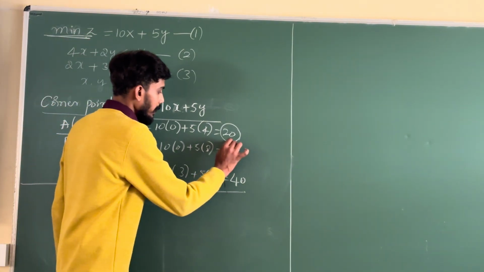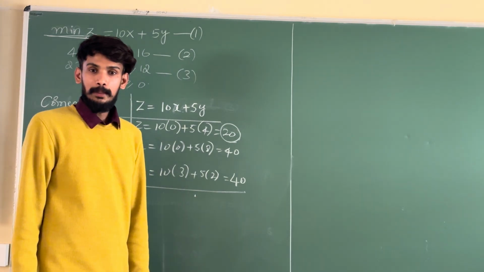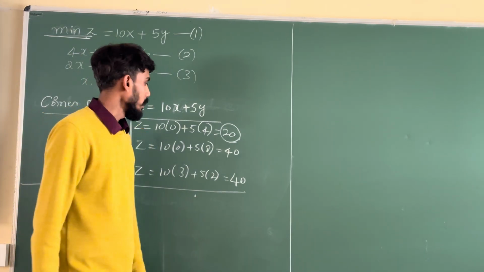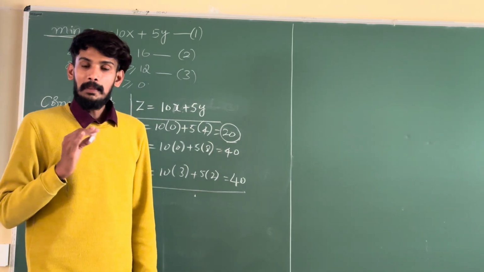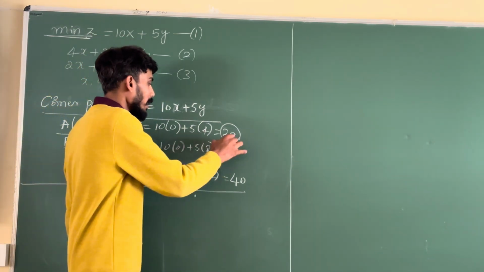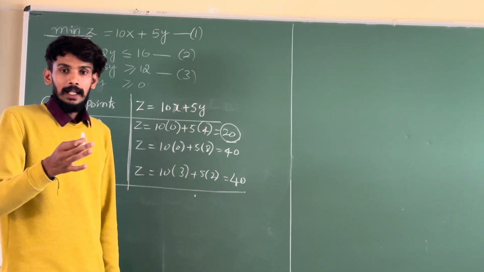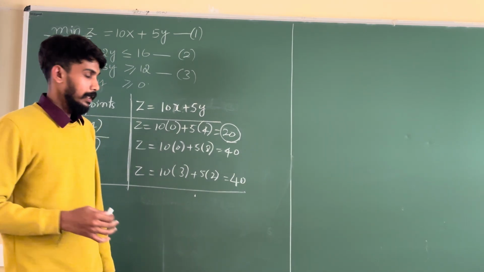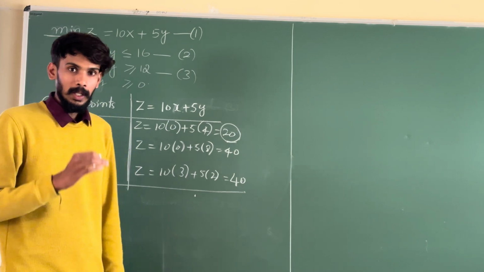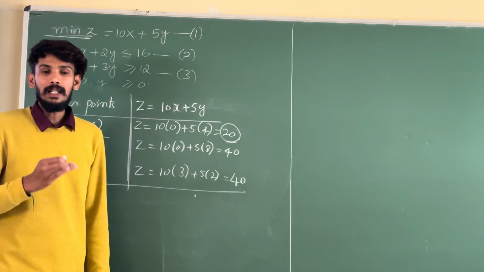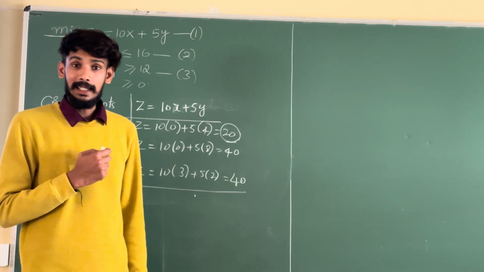Here again, a very important thing you can notice is that we are having only one minimum value. If the same value is repeated twice, then the conclusion is different. Here, since we are having only one minimum value, we have a unique optimal solution for the given LPP.